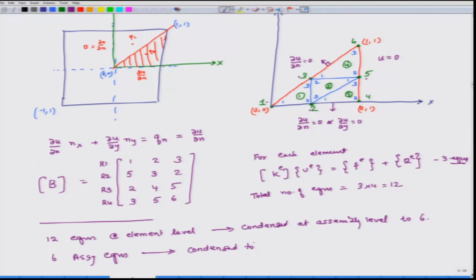How many equations after BCs are applied? To 3. Why? Because U4 is equal to U5 is equal to U6 is equal to 0. These 3 degrees of freedom get eliminated, so we are left with only 3 equations.